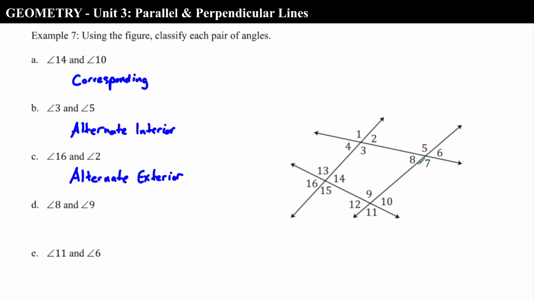For 8 and 9, that would be consecutive interior, which you also may hear referred to as same side interior. Same side and consecutive mean the same thing. And then 11 and 6. 11's here, 6 is here. You've got consecutive exterior.